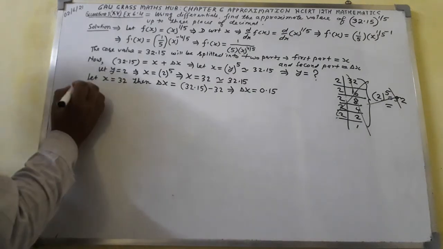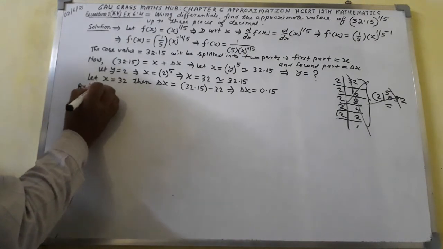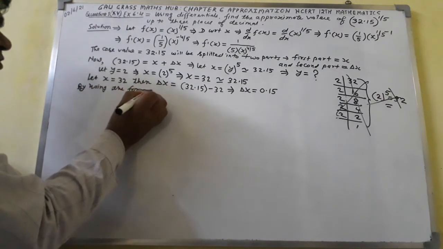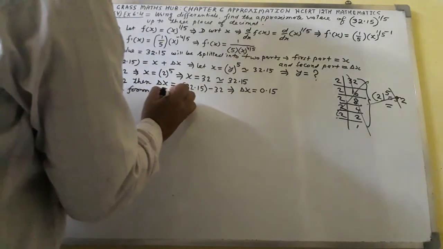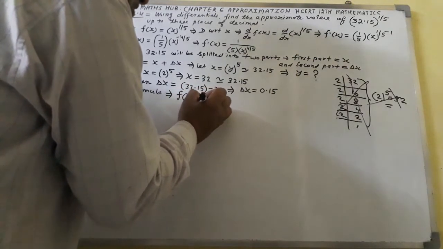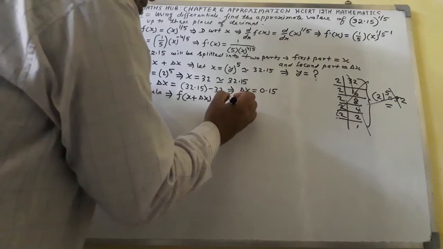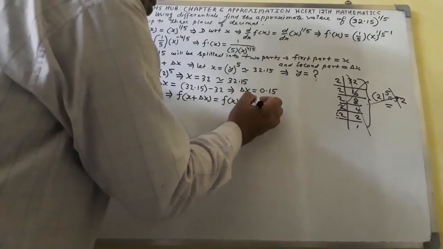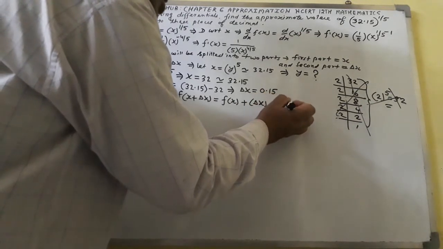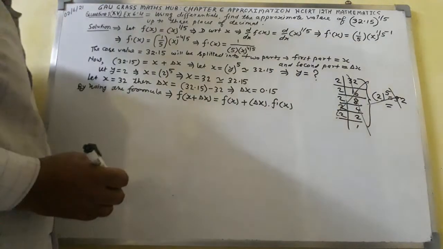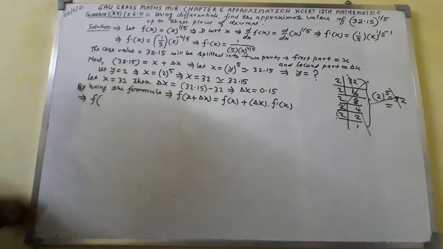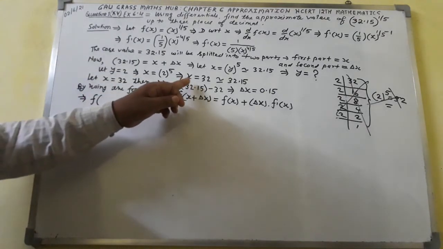Now by using the formula, f of x plus delta x equal to f of x plus delta x dot f dash of x. This is the formula you must remember. What to do in this case? Here I shall write f. In place of x I shall write x is equal to 32.